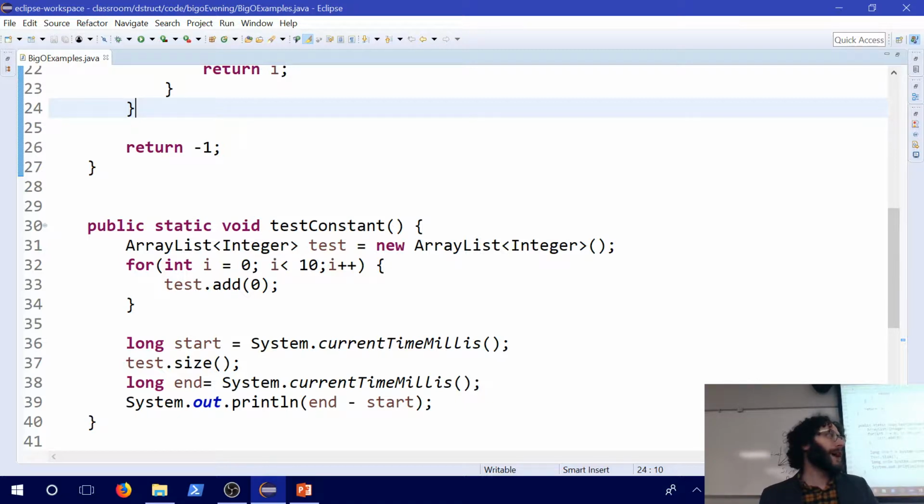Instead, we're going to look at 2 cases when we analyze big O, which are worst case scenarios and average case scenarios. Right now I'm going to focus on worst case scenarios because that's easy to understand.